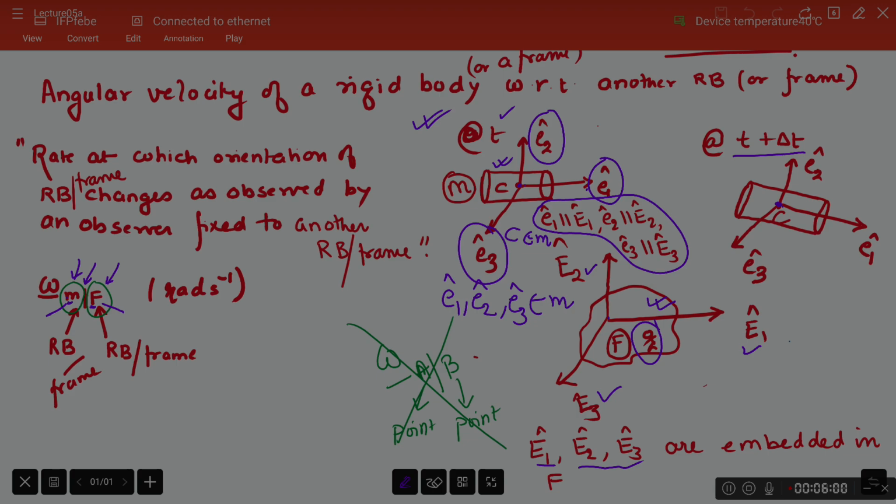Further, the orientation of the 3 unit vectors which are embedded in the body are no more parallel to the big E1, big E2 and big E3 unit vectors. In general, these unit vectors will get misaligned relative to the big E1, big E2 and big E3 unit vectors.